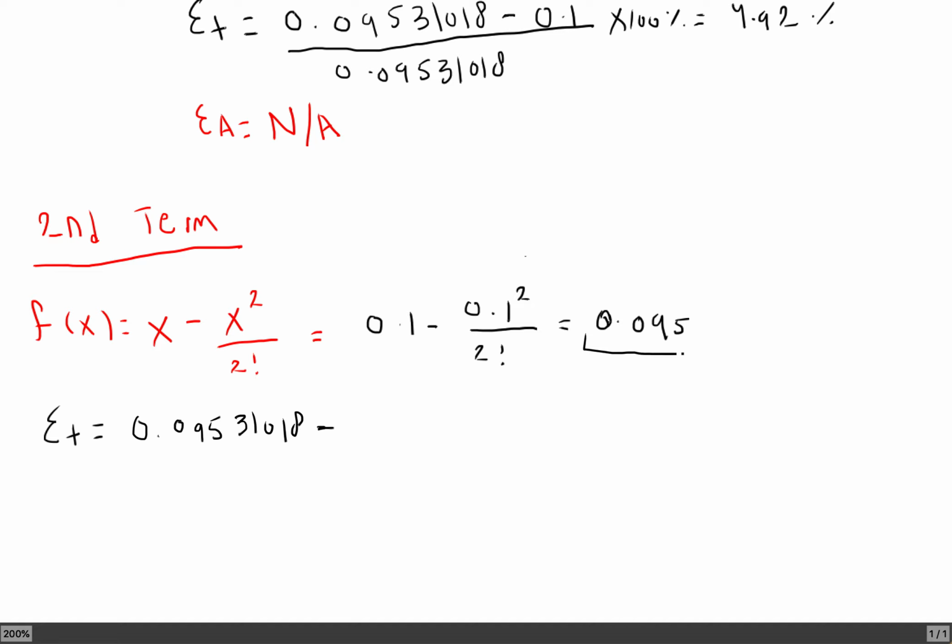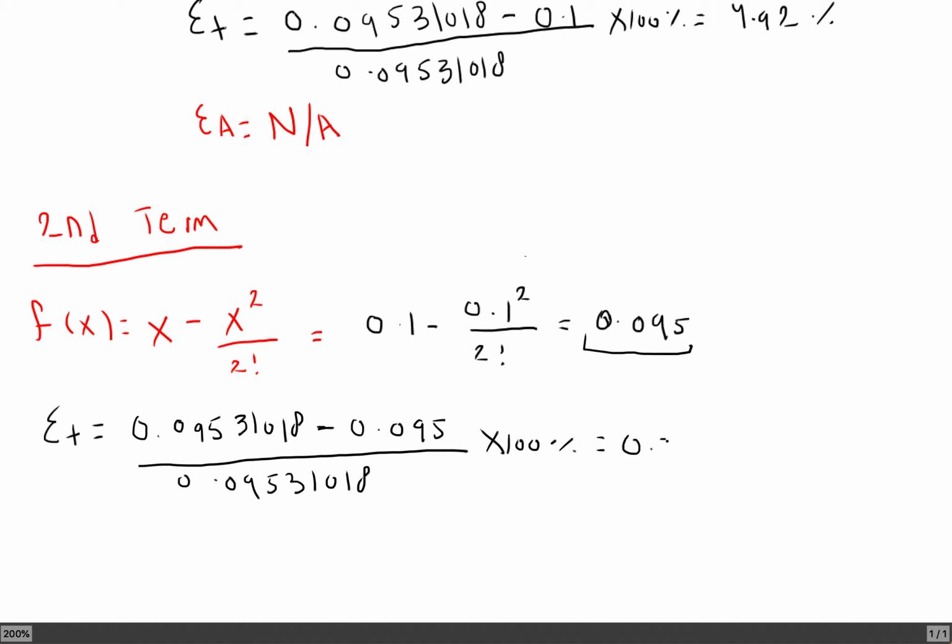Then you would subtract it by the term we just calculated, and then divide it by the ln 1.1 term, and multiply it by 100% to represent percent, and then you would get 0.325%. So this would become the true value.